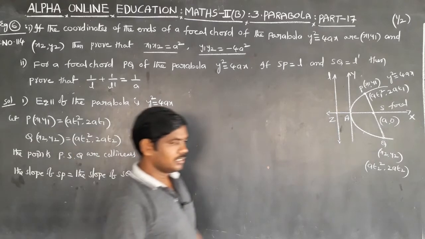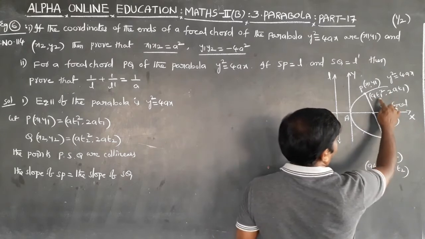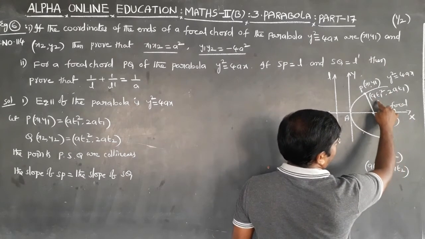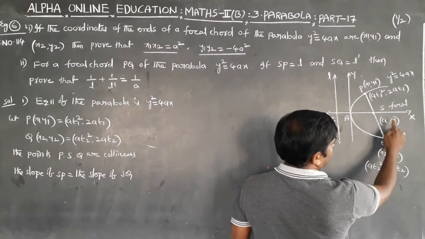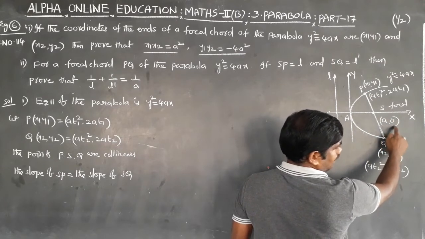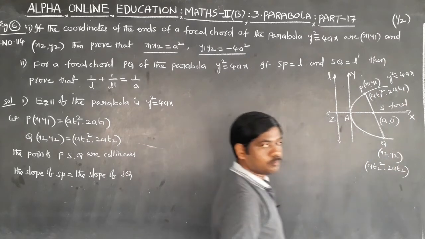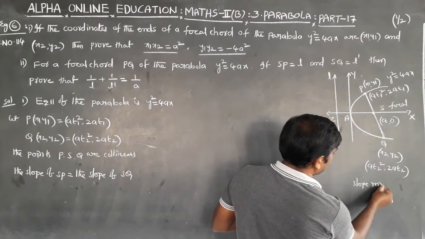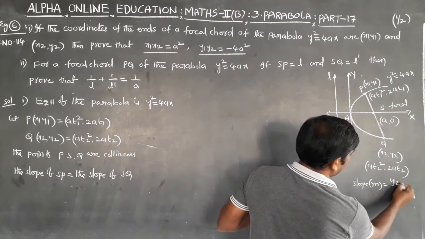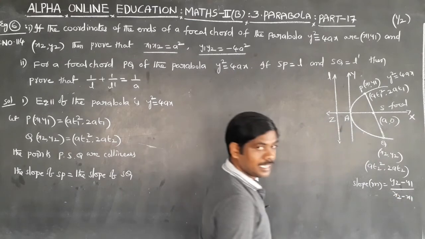First of all, find the slope of SP. Let S be (x1, y1), P be (x2, y2). Slope formula: slope = (y2 - y1)/(x2 - x1).